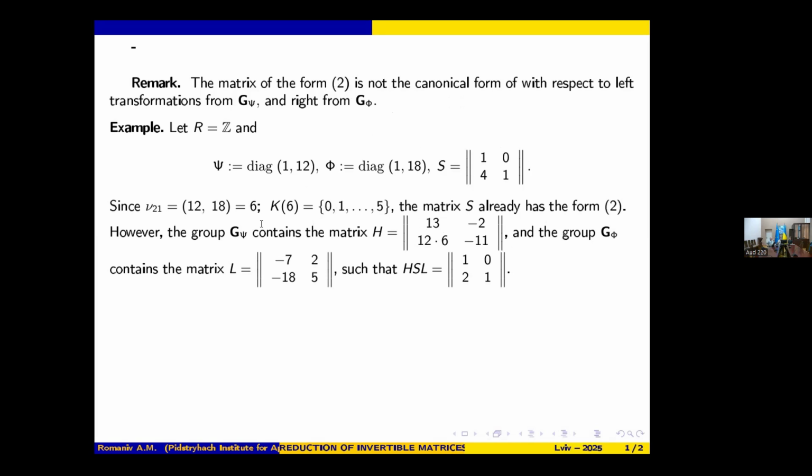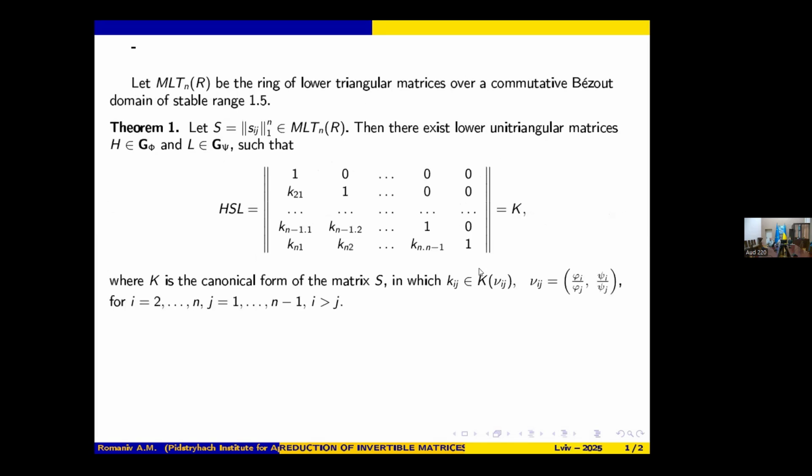But in the groups there exist the matrix H of the form and the matrix L of the form, such that the matrix S has the next simple form. But when we consider the triangular matrices, this form is canonical.